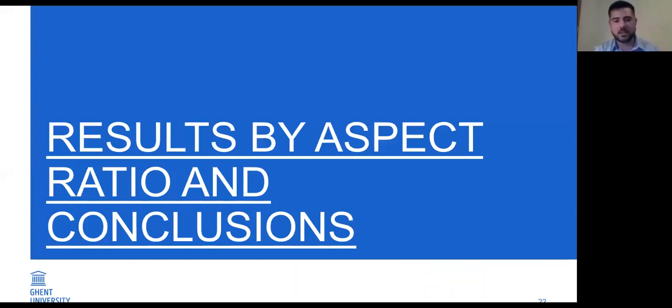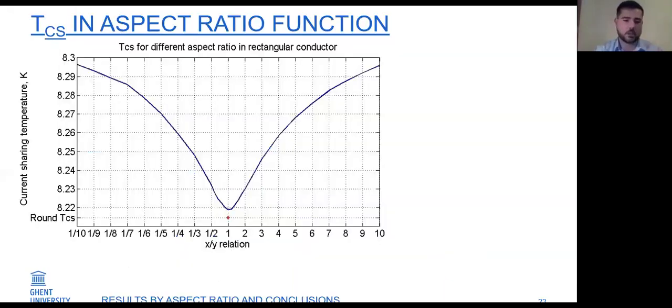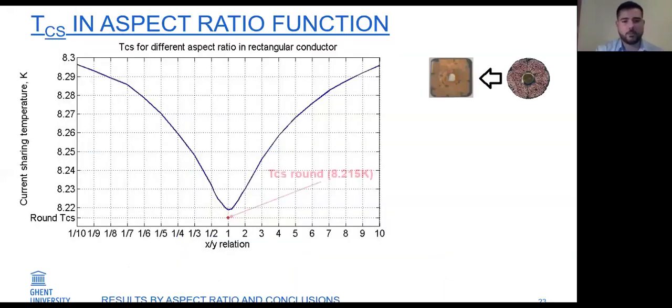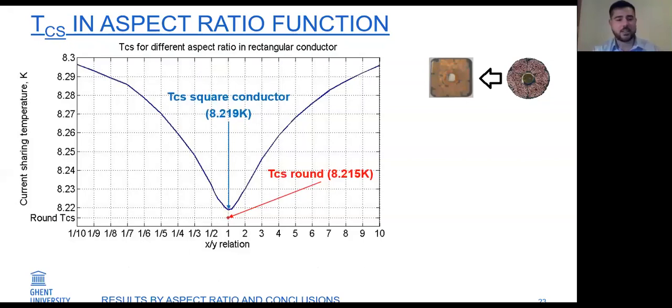And these are the results depending on the aspect ratio and the conclusions. First, for the current sharing temperature, we see that the round one, as we already know, has a very low one, and the first example of a square has better performance, but not much different.